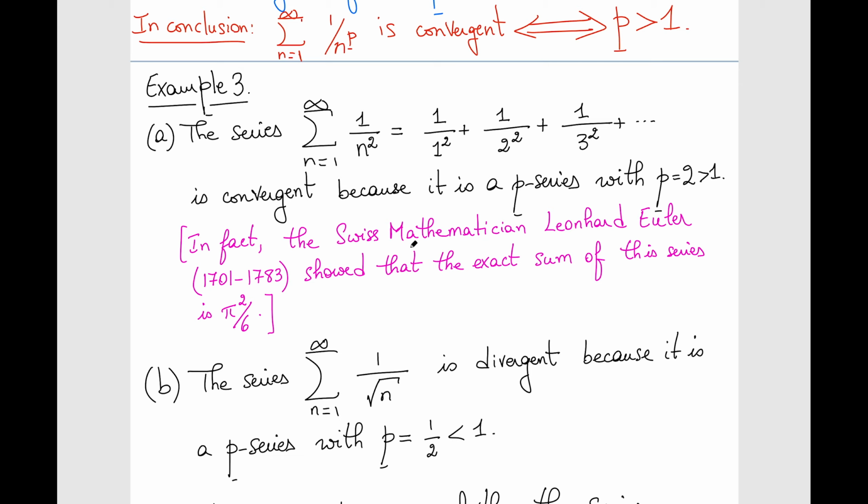As a matter of fact, the Swiss mathematician Leonhard Euler, who lived between 1701 and 1783, showed that the sum of the series is equal to pi squared over 6. So the precise result of this is actually pi squared over 6, and this is attributed to Euler. Okay.